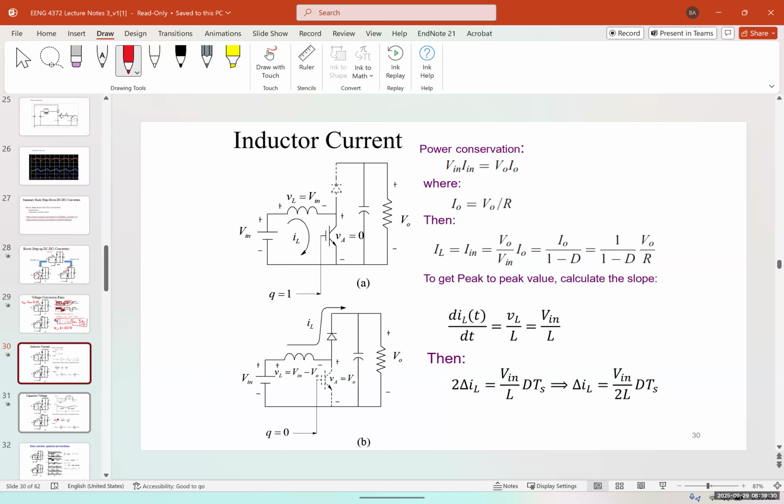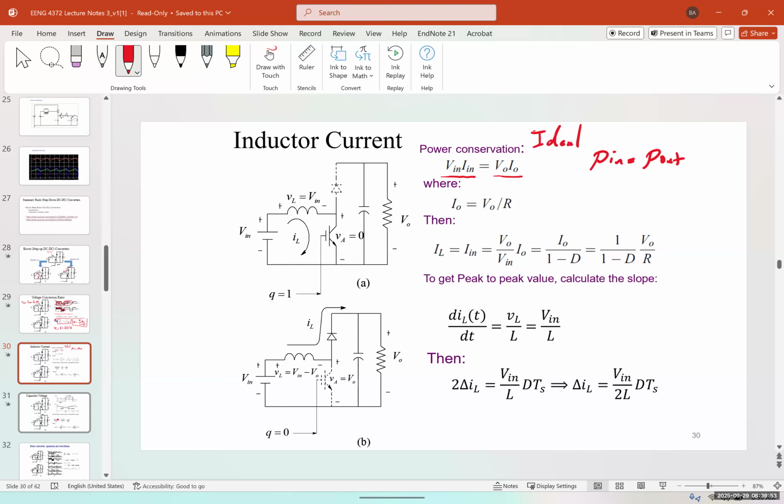And the inductor's current ratio looks like this. We would assume that we have an ideal system, and in an ideal system, the input power is equal to the output power. As you know, the input power is Vin Iin, and the output power is V out I out.